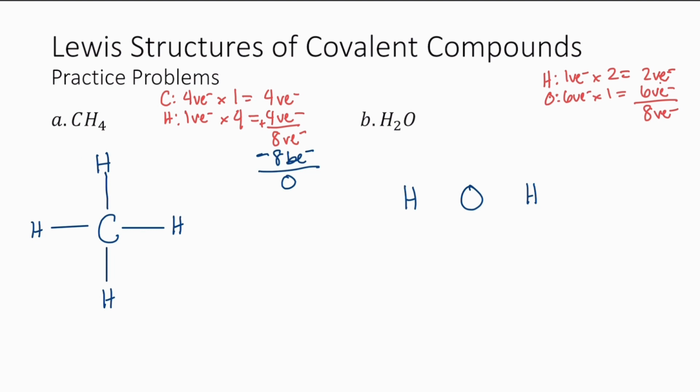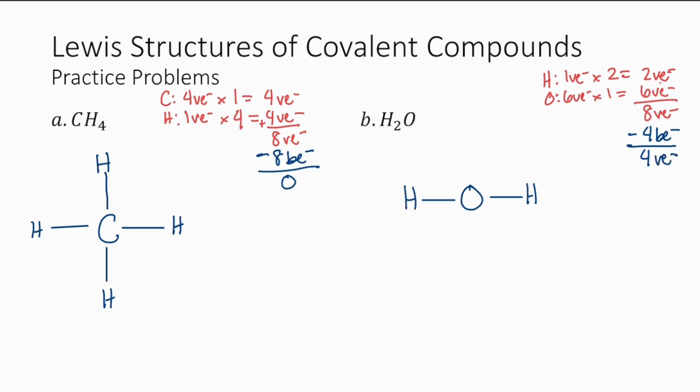So I have my skeleton structure, and I'm going to draw a line between my central atom and my outer atoms. Since I drew 2 lines, I am going to subtract 4 bonding electrons. Look at this. Now I have some leftover electrons.